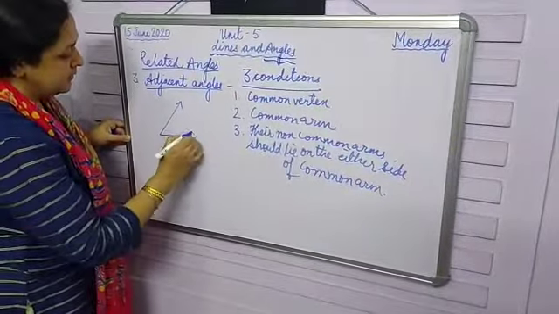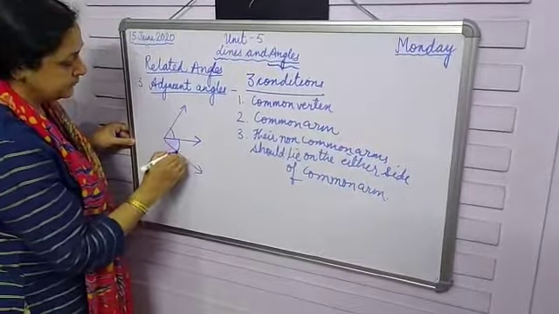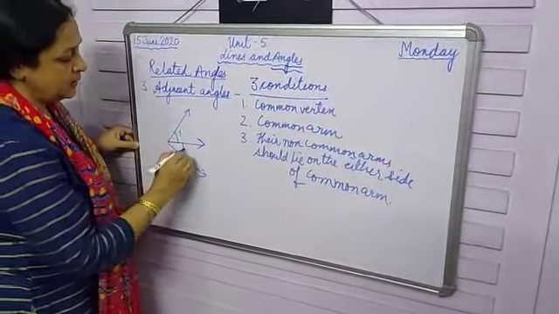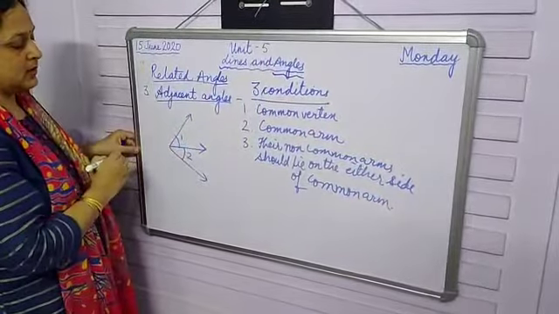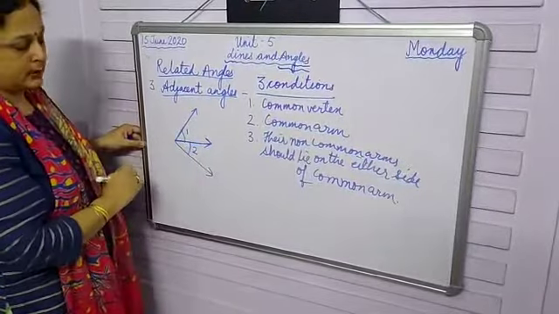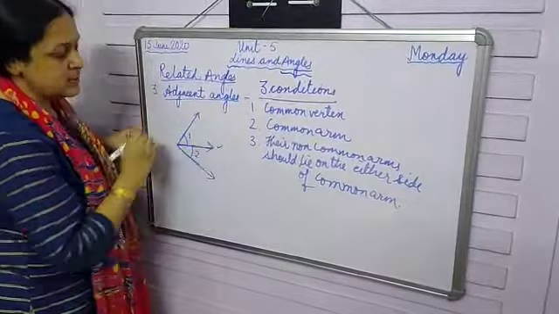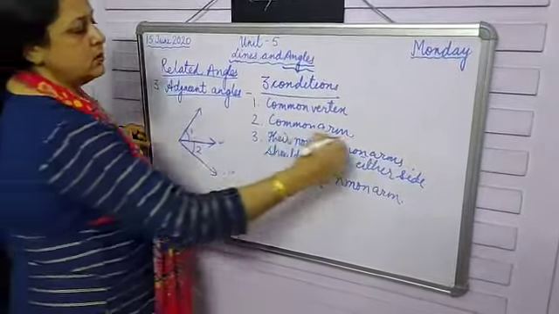Suppose I have taken these two angles. Let us name this as angle 1 and let us name this as angle 2. Now these are the two arms of angle 1 and these are two arms of angle 2. This arm is common. So they have a common arm.